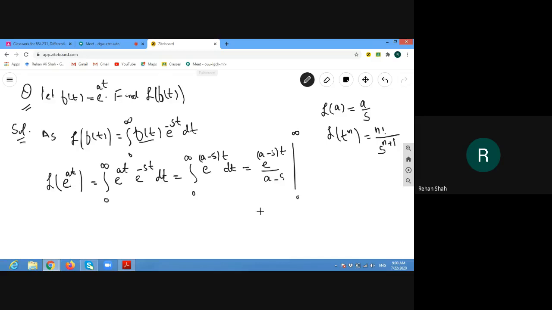But if a minus s is positive, this will become e power positive infinity, which means infinity. So this integral will not exist then. So if a minus s is negative, this integral will exist, but if it is positive, this integral will not exist.